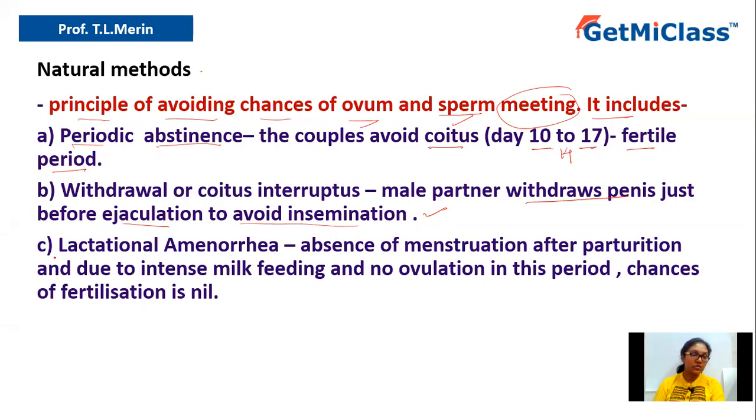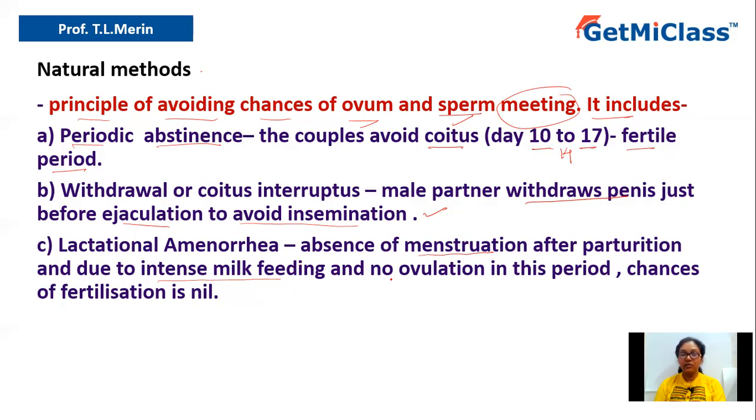Then let us talk about lactational amenorrhea. Females who have just delivered a baby and who keep breastfeeding naturally don't have menstruation. Immediately after parturition, that is after delivery of the baby, they have intense milk production, and they have to keep feeding their baby so that the secretion keeps coming.